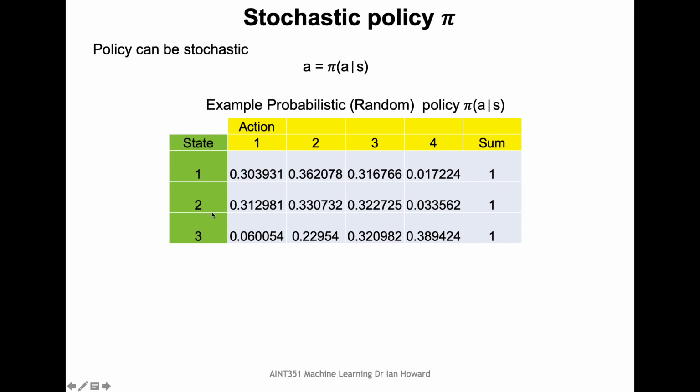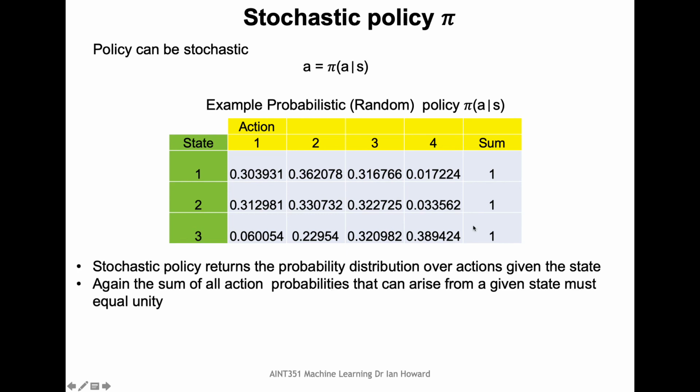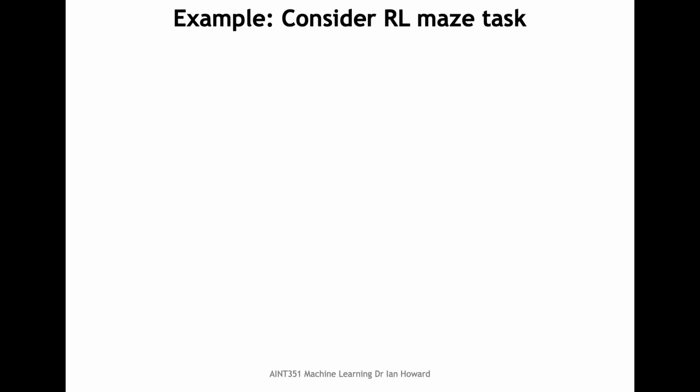If we're in state 2, we get a different set of probabilities, and in state 3, we get a different set of probabilities. And like I said, because we have to take an action given the state, overall the probabilities of the actions have got to sum to 1.